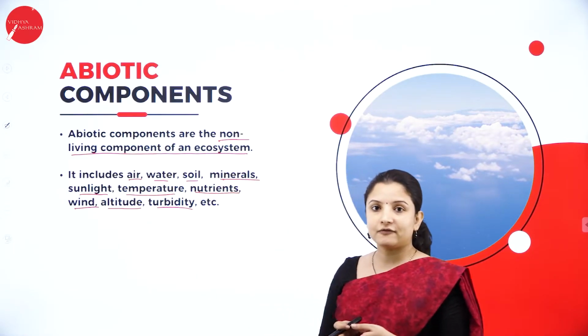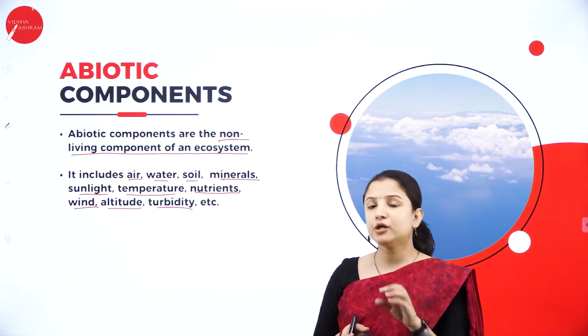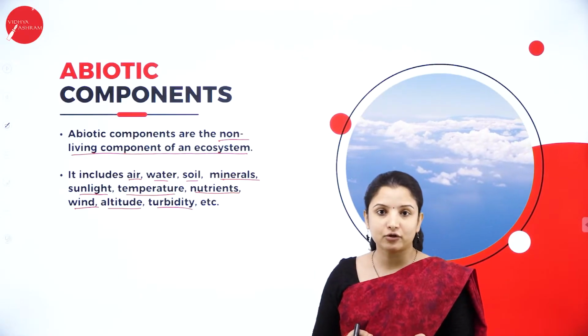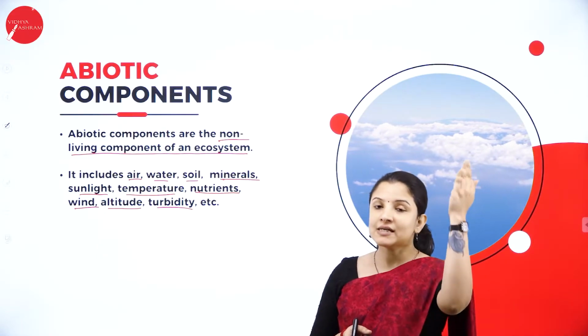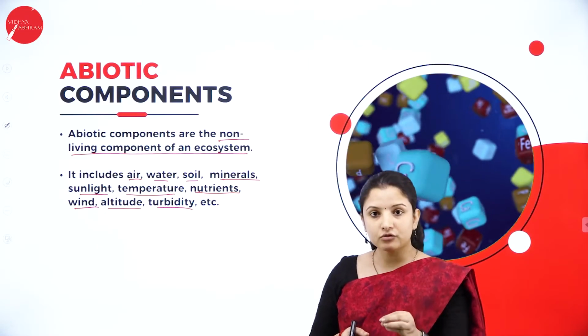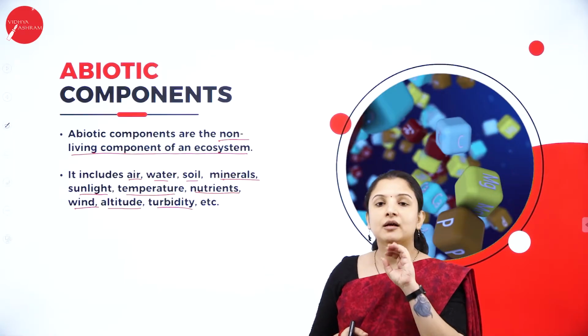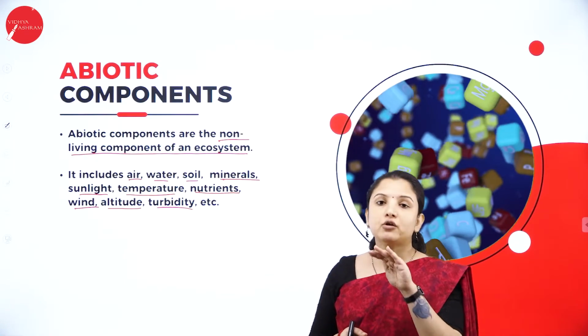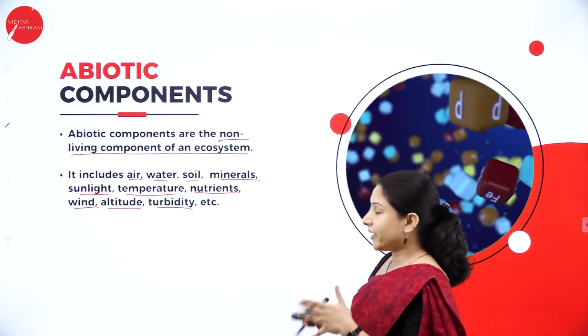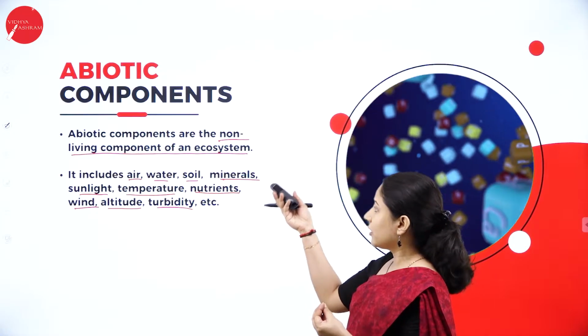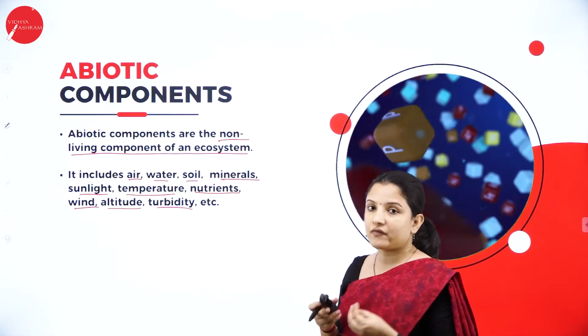Water also is needed for photosynthesis, because plants make use of the sun's energy to convert carbon dioxide and water into food, that is glucose. So that is why we need air, water as well as sunlight. These three are very, very important.